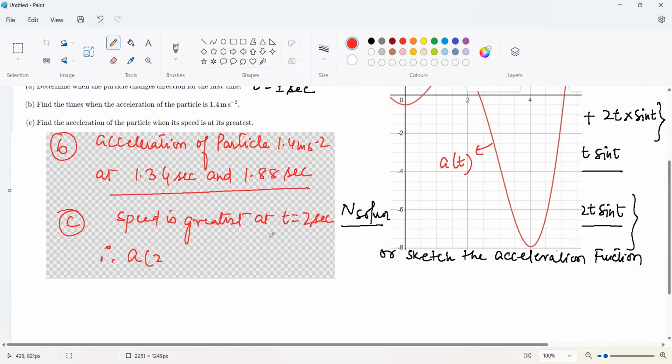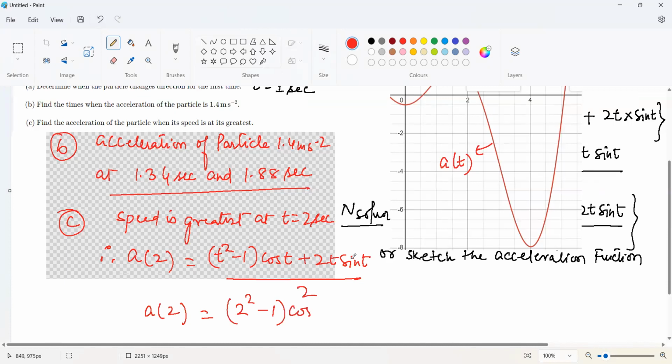Therefore, acceleration at 2 seconds would be substituting t equals 2 in the acceleration function that we got. That is (t squared minus 1) cos t plus 2t sin t, upon 2. So a(2) is (2 squared minus 1) cos 2 plus 2 times 2 sin 2, upon 2.